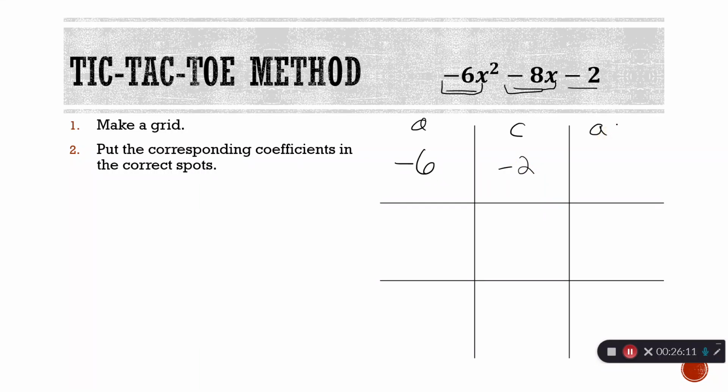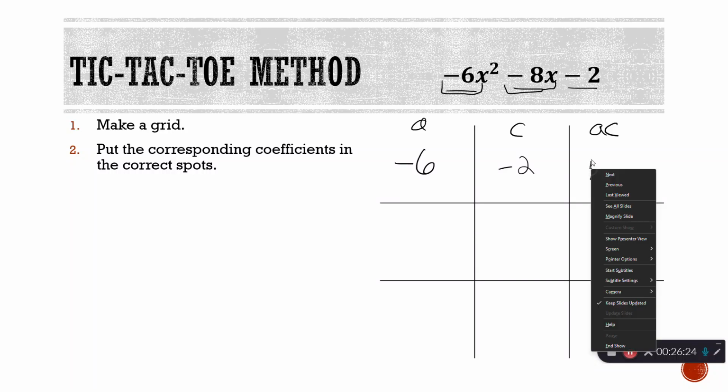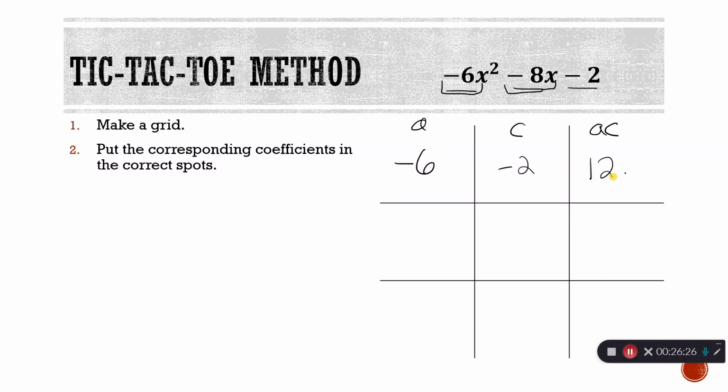And then you're going to do a times c. So negative 6 times negative 2 is, I always do that, positive 12.